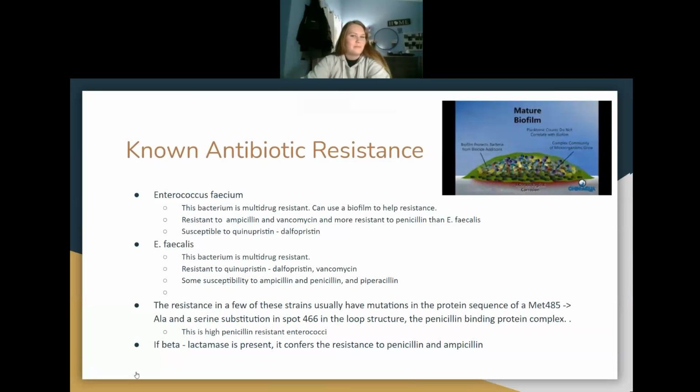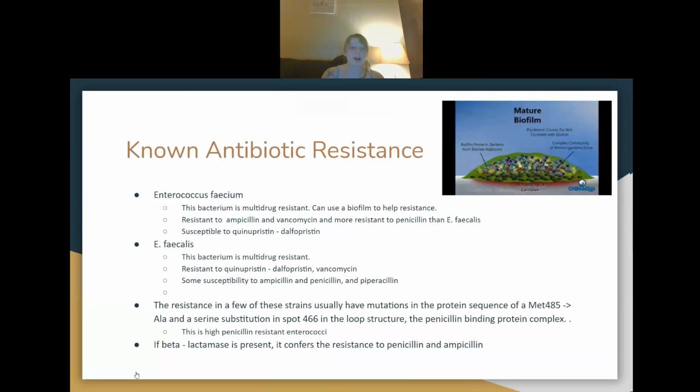So, known antibiotic resistance for Enterococcus faecium: this bacterium is multi-drug resistant, just like faecalis. One thing that the faecium can do is create a biofilm to help resist.